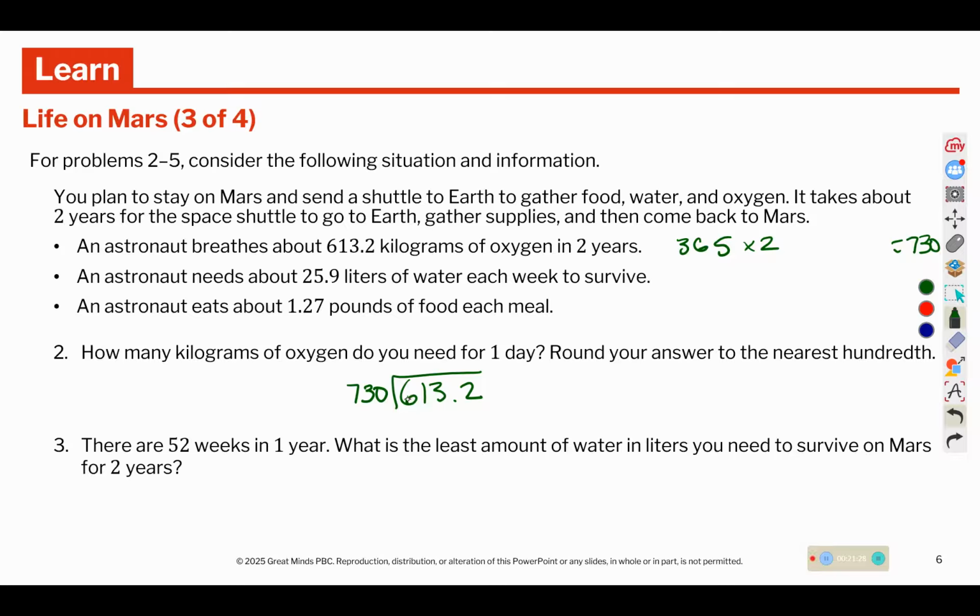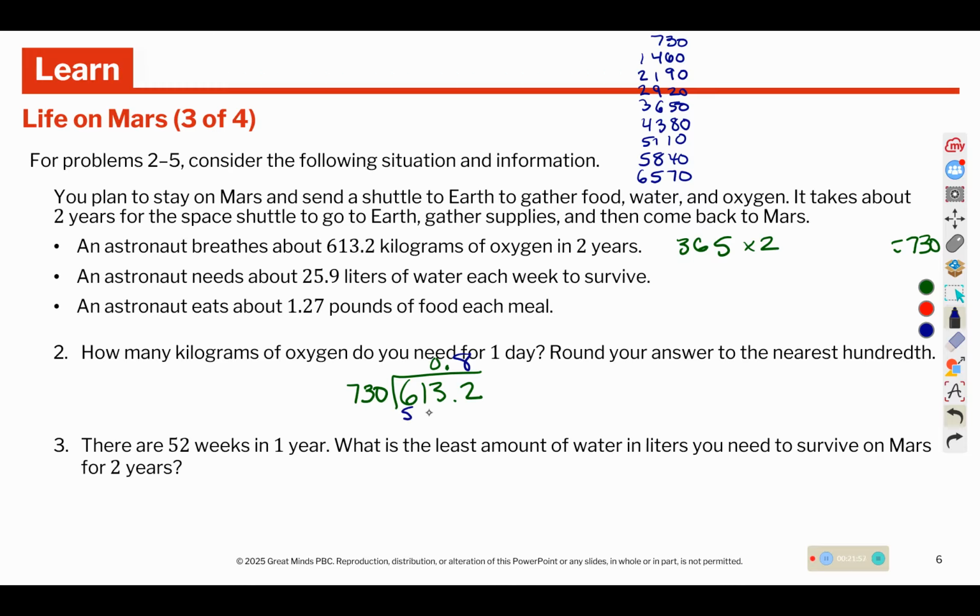730 doesn't fit into 6, 61, or 613. Let's create our list of 730s. So here's my list of the multiples of 730. It only fits in 8 times.